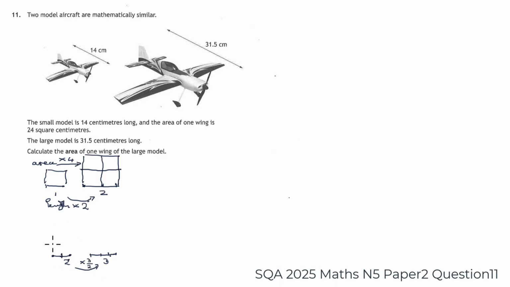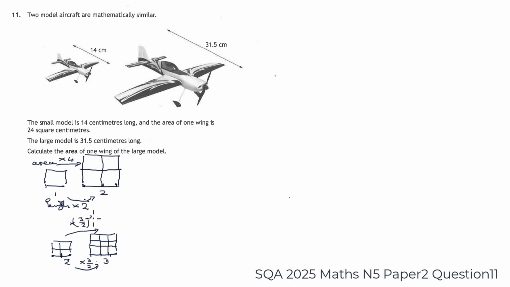Now how does that work for the areas? Well, we start out with an area of 4 and when we multiply by 1.5, we end up with an area of 9. Now according to what we've set up here, our area scale factor should be 3 over 2 squared.